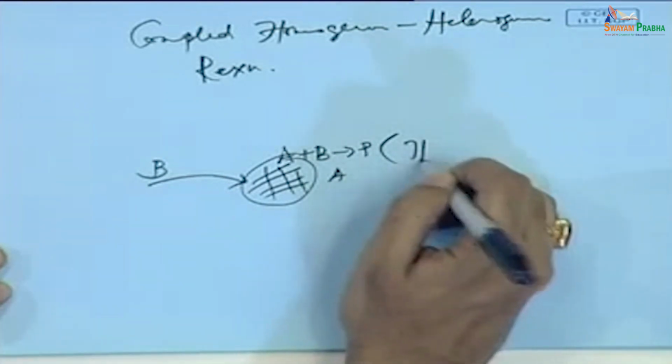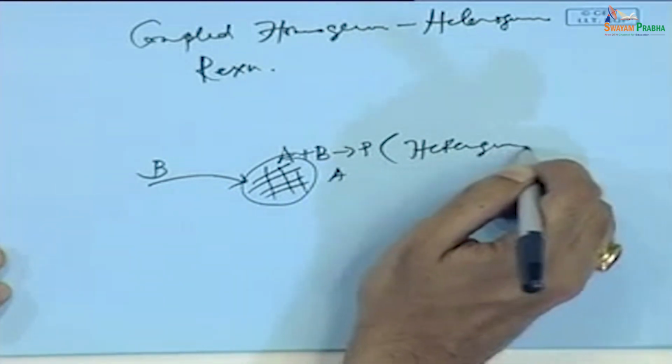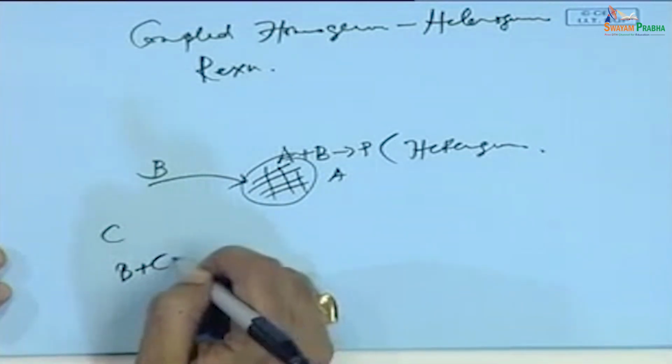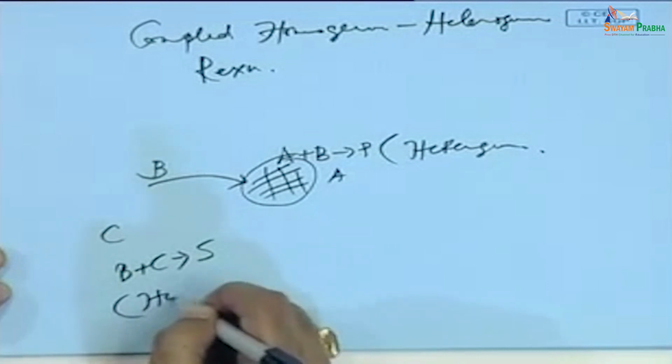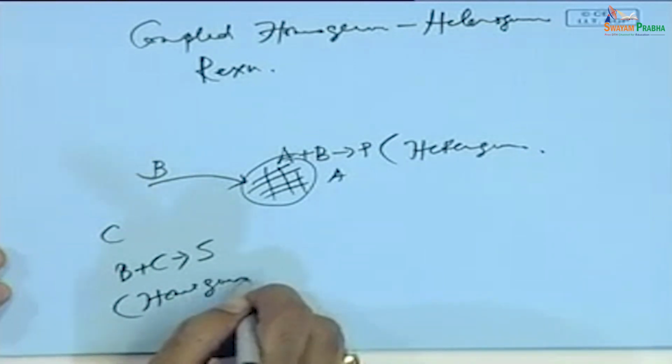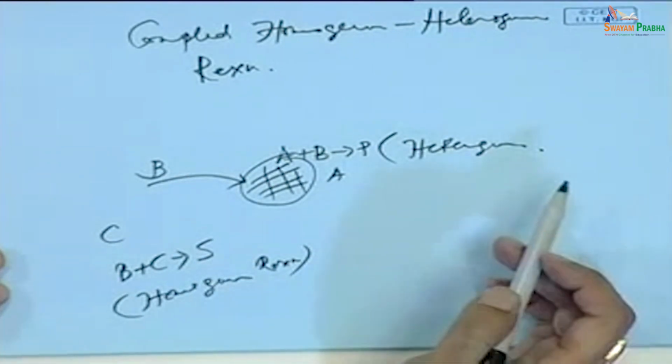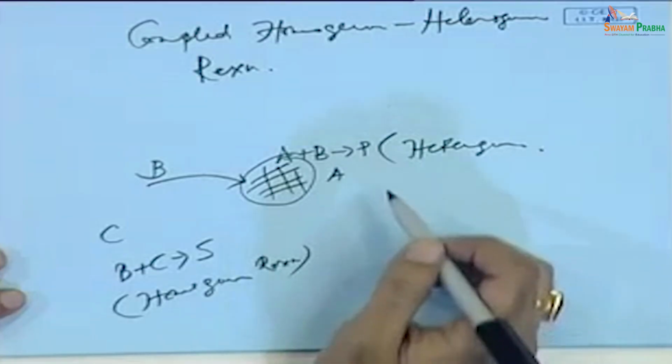So this is a heterogeneous reaction, and then you have C in the bulk phase, and another reaction B plus C giving S is happening in the bulk phase, and this is a homogeneous reaction. Is it clear? A coupled homogeneous heterogeneous reaction is a network of reactions in which some of the reactions are in the bulk phase or homogeneous phase, some of them are in the heterogeneous phase, and then you can have other kinds of things happening.